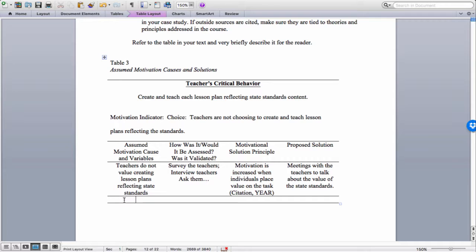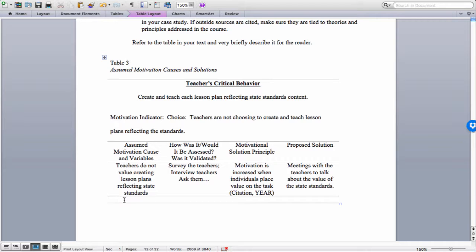And you probably are going to have maybe 2 or maybe 3 motivational constructs here that underlie your assumed motivational cause. It may be interest, it may be self-efficacy, which is very important, or it may be an attribution or goal orientation.